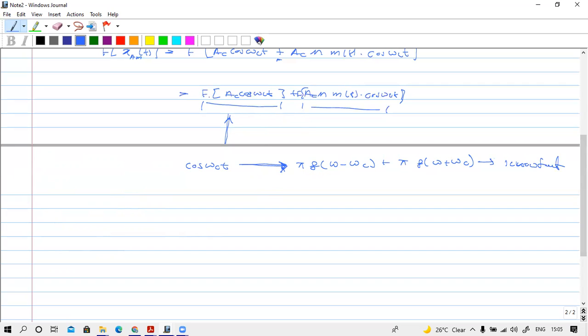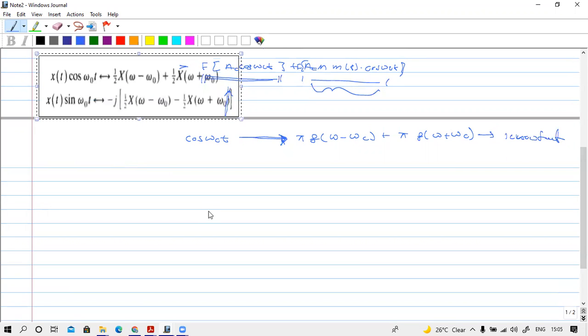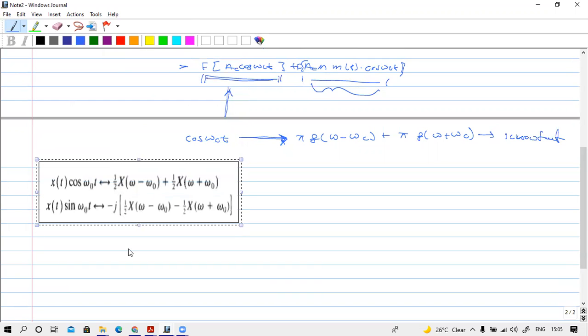Using this fact, we can write the Fourier transform of this signal. What about the other signal? In the same manner, you can go through the first principle analysis, do that integration, and find its Fourier transform. But I think in our first session we discussed the modulation theorem.